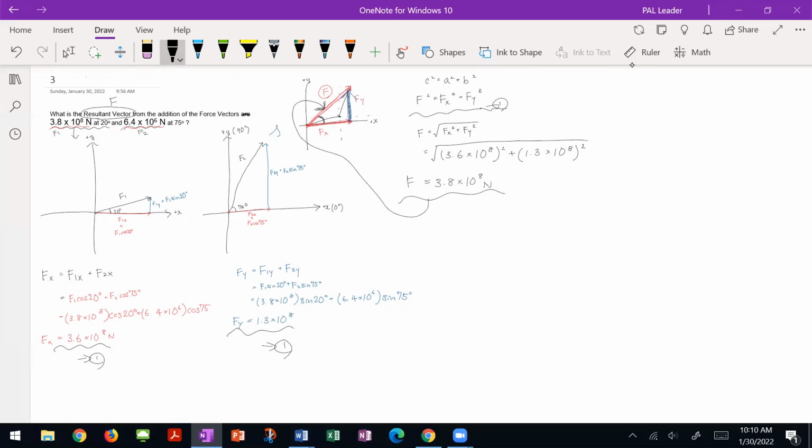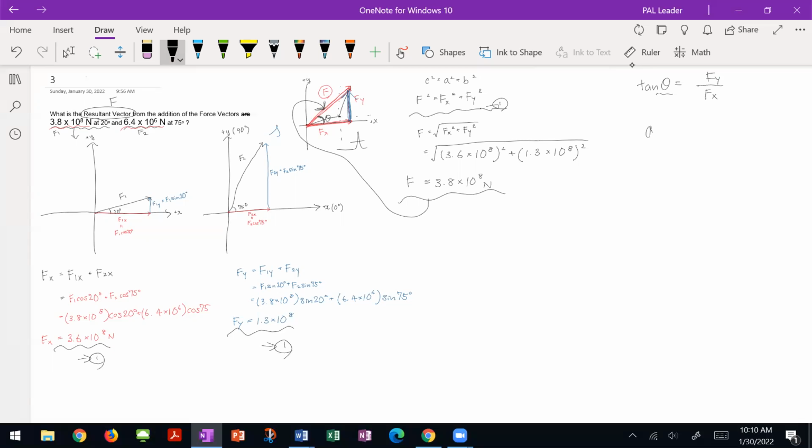I'm just going to use tangent this time. I'm going to call this angle theta. So tangent of theta is going to be Fx under Fy, right? Because cursive T there. And we are looking for the theta.